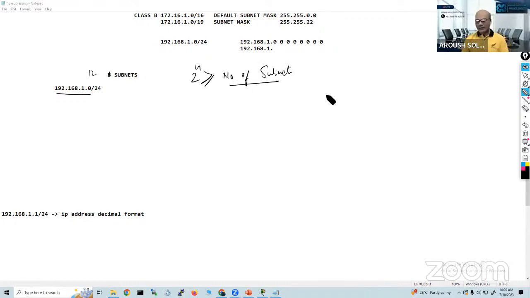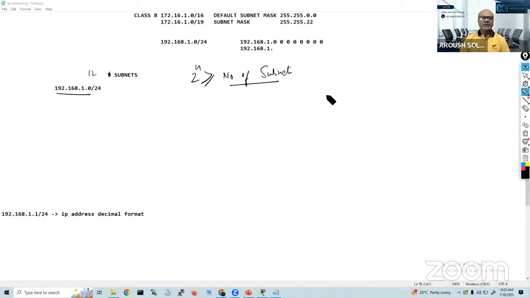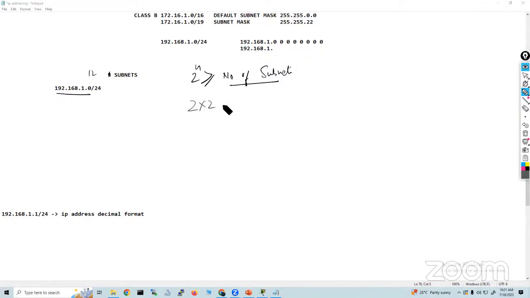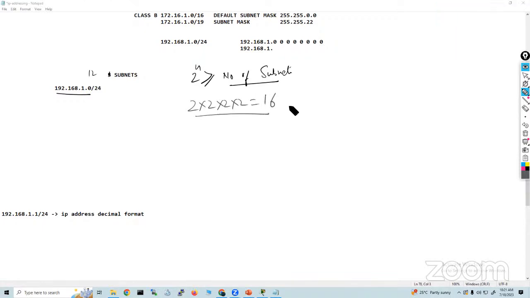Now you'll tell me how many networks, and in each network how many IP addresses. 2 into 2 into 2, how much? 2 to the 4, 4 to the 8, 8 to the 16, right? Greater than or equal to the number of subnets.